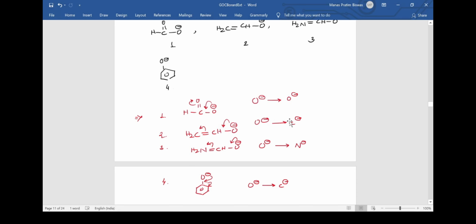But in the second case, there is a loss. Why? Because oxygen was more electronegative, and the electron is getting transferred to carbon, so here is a loss. In the third case also, here it was oxygen, and then it is nitrogen. That means it is getting transferred to a less electronegative atom, so this resonance is not that good. In the fourth example also, it is going from oxygen to carbon, hence the resonance is not that good.